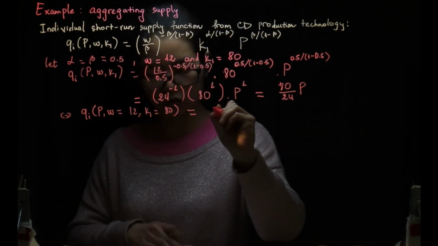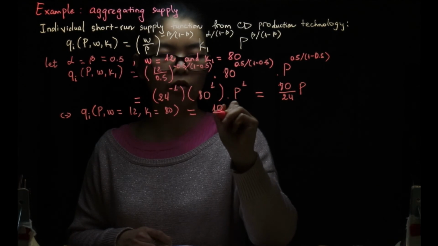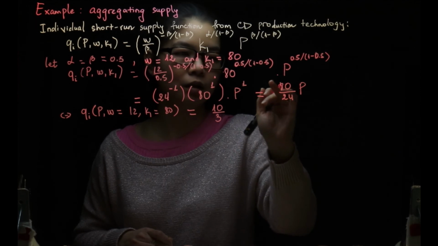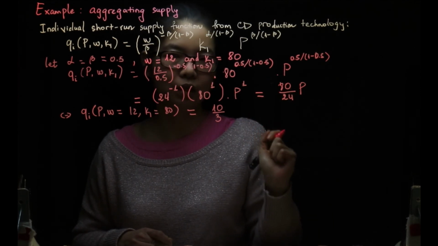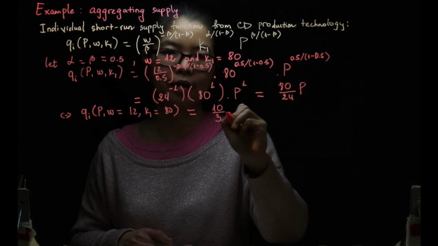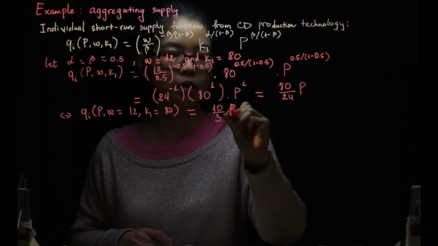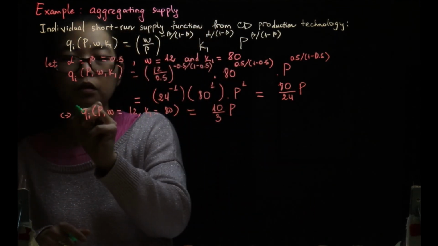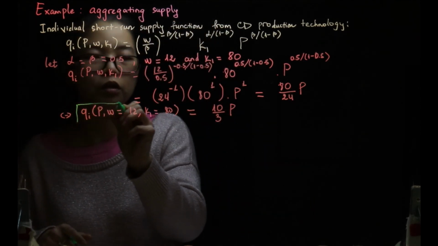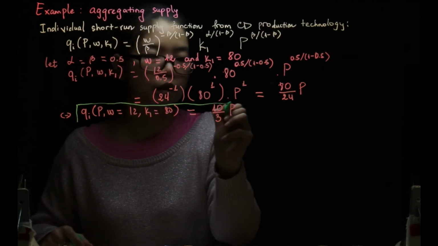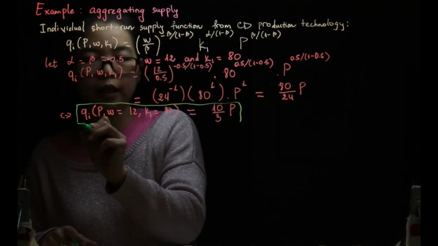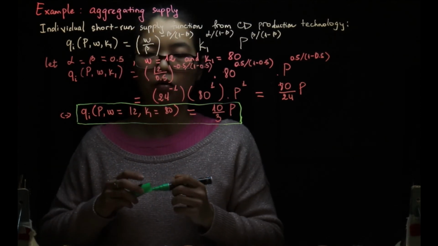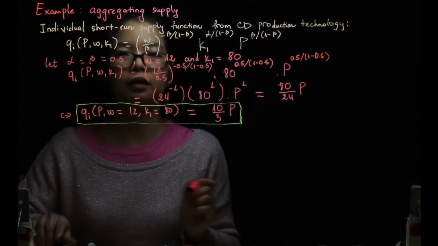Could simplify it to 10 over 3. Now, why 10 over 3? Divided both the numerator and the denominator by 8. Now, times P. So this is the individual short-run supply function, and now we only allow P to vary while holding W and K1 constant.